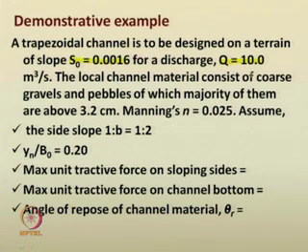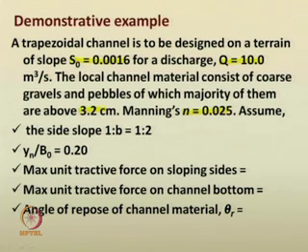So, you have to suitably design an erodible channel. The local channel material consists of coarse gravels and pebbles, of which the majority of particles have diameter greater than 3.2 centimeters. Manning's n, from the literature, was observed to be 0.025.